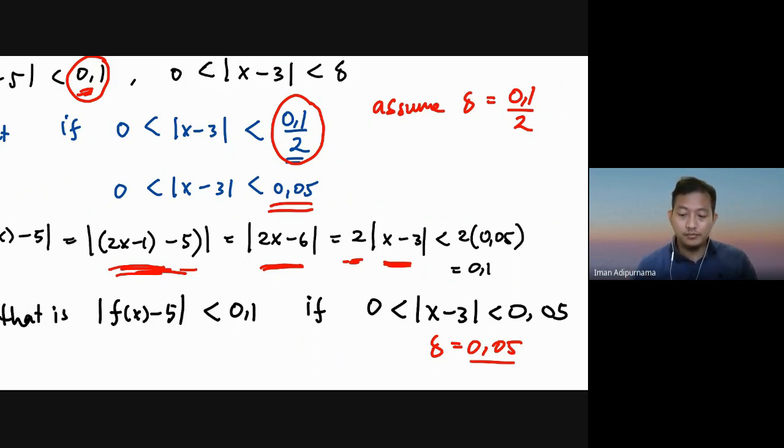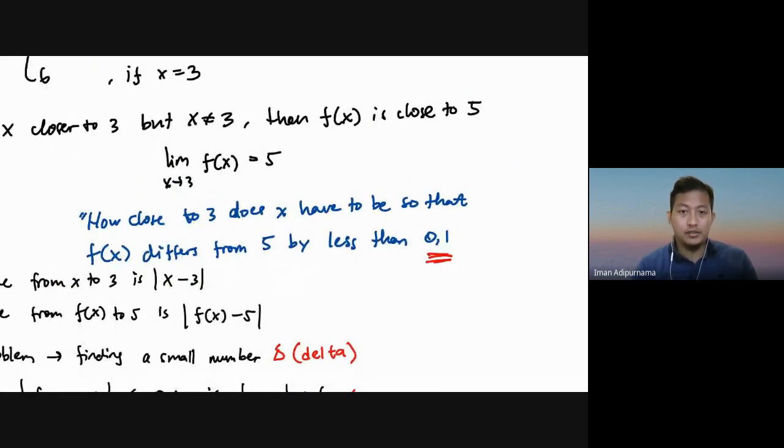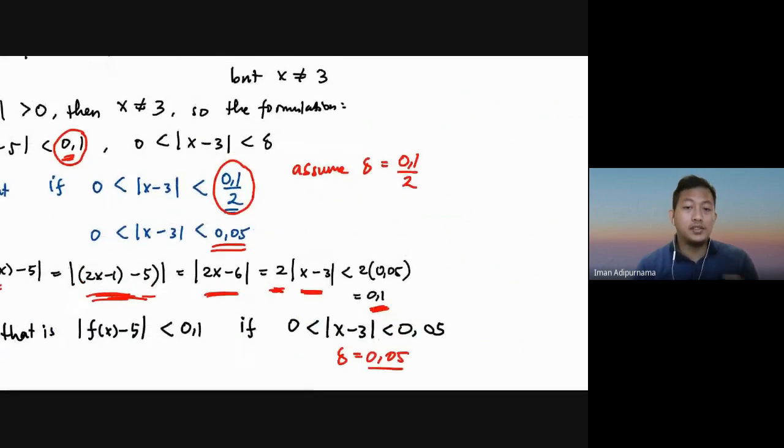And if we observe the 0.05 from here, then it's true that this gives 0.1, the number that we want. So we are going in circles, but the idea is we need to find how small the delta is. We need to find the delta. That is the precise definition.